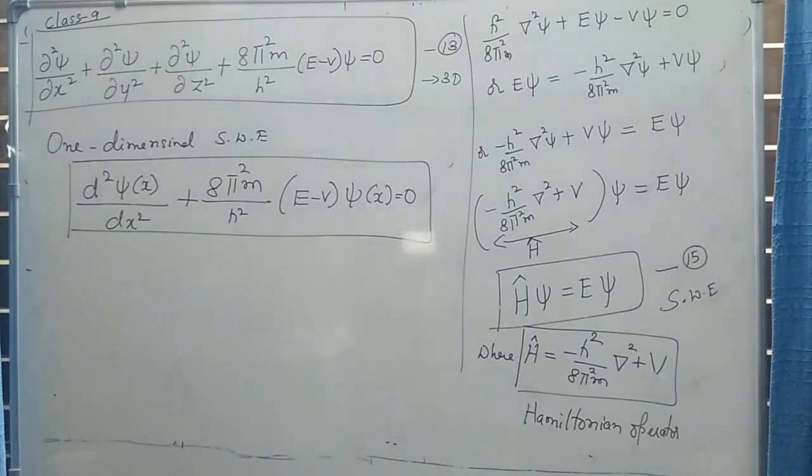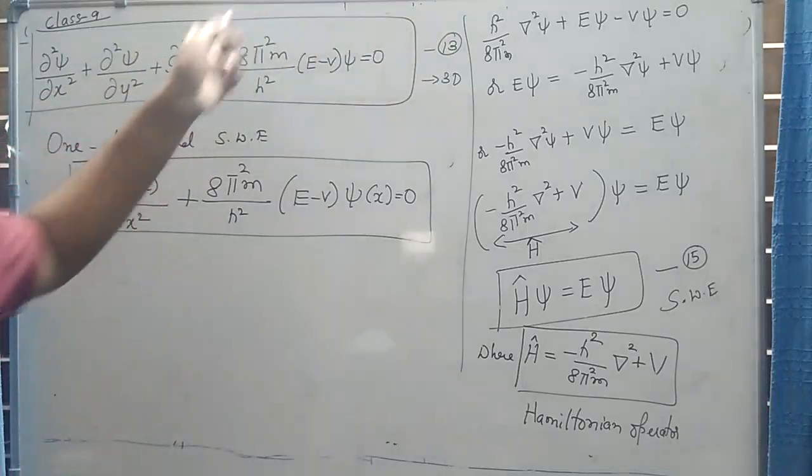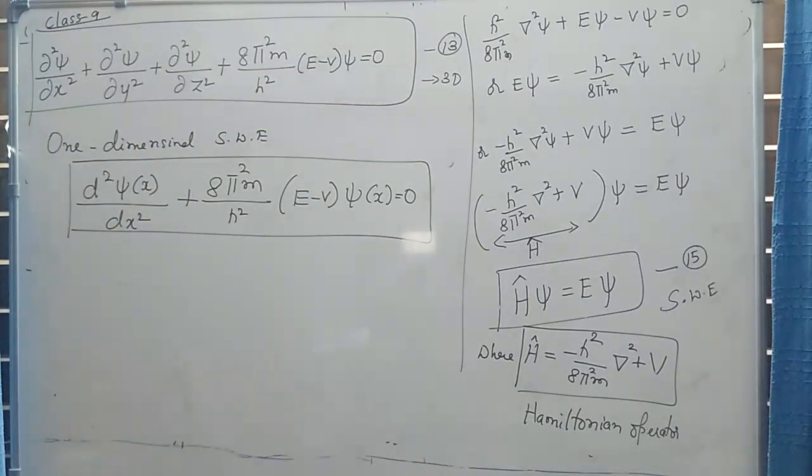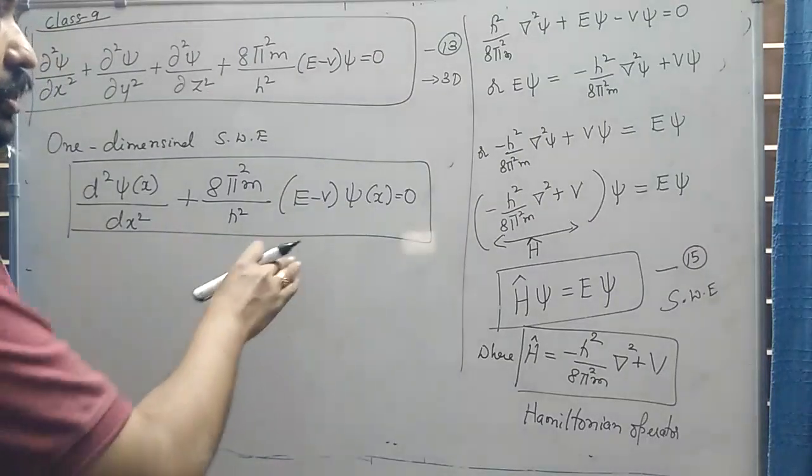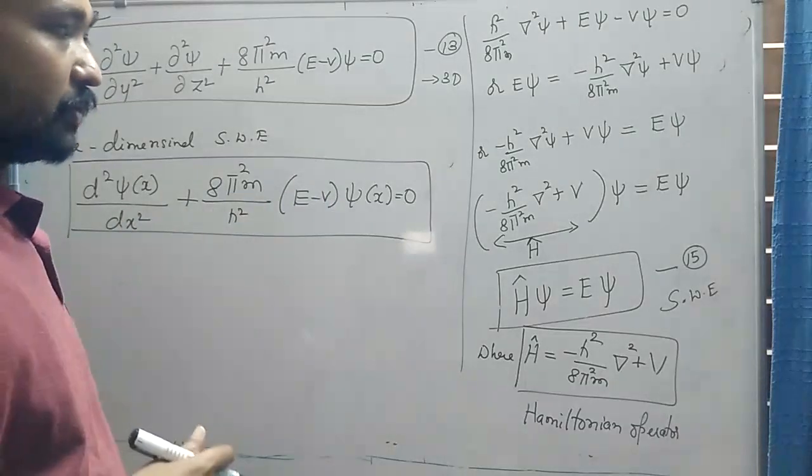If we are dealing with a one-dimensional problem or system, we can use the one-dimensional Schrodinger wave equation. Suppose we are dealing with a two-dimensional problem, we have to write a two-dimensional Schrodinger wave equation, or if it is a three-dimensional system, we have to use this general three-dimensional Schrodinger wave equation, and they are all time-independent Schrodinger wave equations.